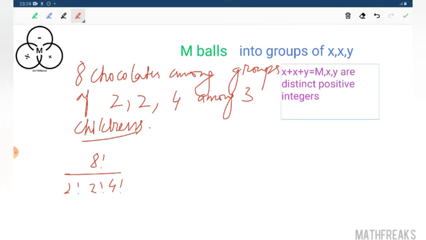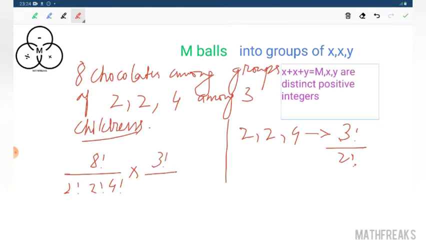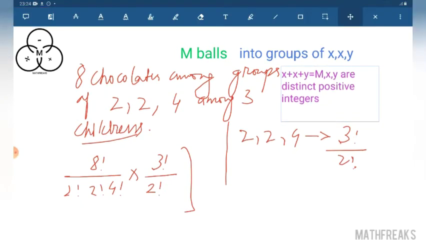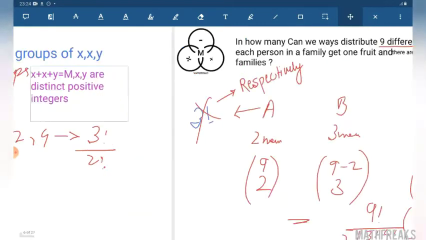Now the arrangement of this 2, 2, 4, how many arrangements exist? This is permutation with repetition: 3 factorial over 2 factorial. So we multiply by the arrangement of groups. So this is m balls into groups of x, x, y, whenever there are cases of repetition.